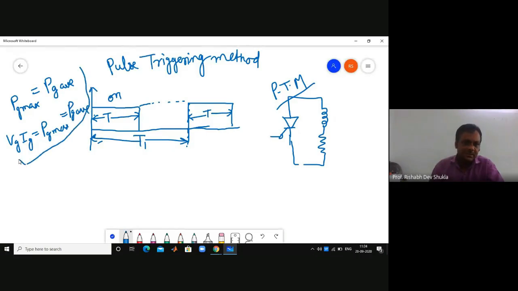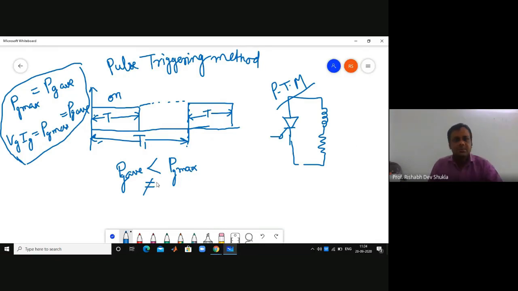This is applicable to continuous pulse triggering. But for the case of pulse triggering, this PG average is less than PG max.